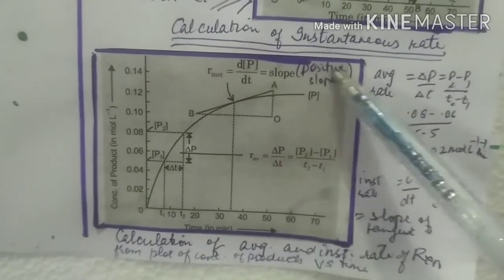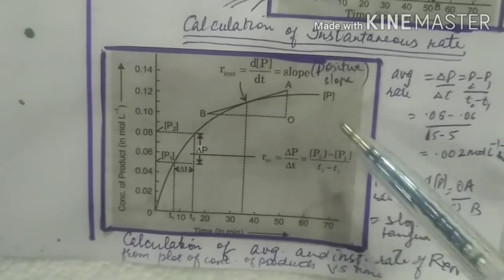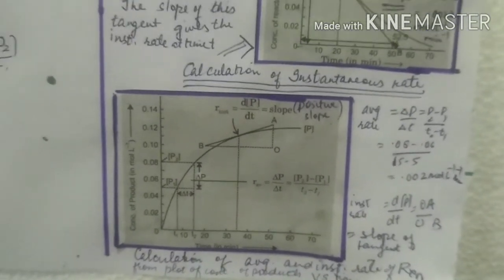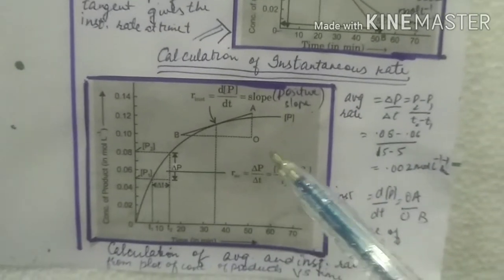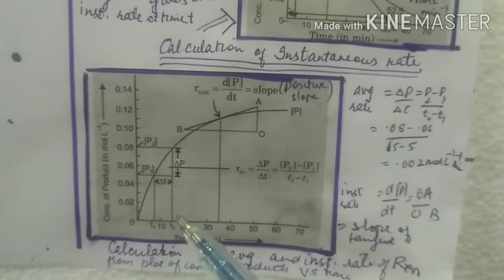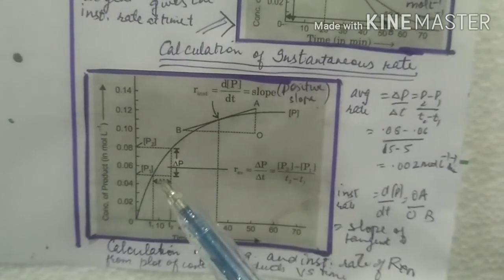Notice that this slope is positive, plus sign is there, so the rate of reaction will be positive over here. It will be OA upon OB. To calculate average rate, you take two intervals T2 and T1, you see their concentrations, and P2 minus P1 upon T2 minus T1 will give you the average rate of reaction.